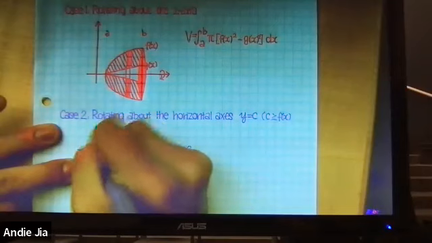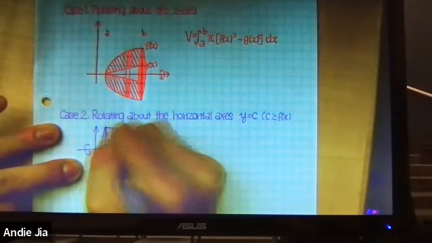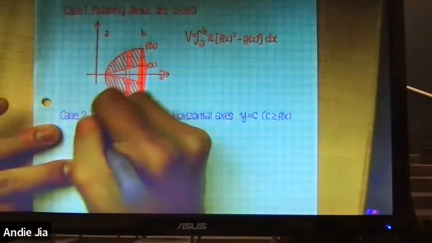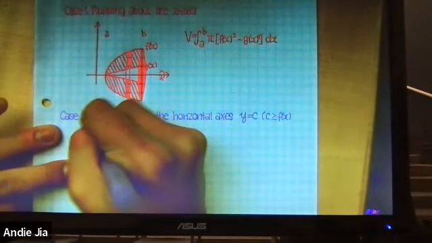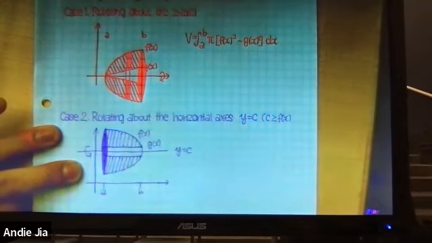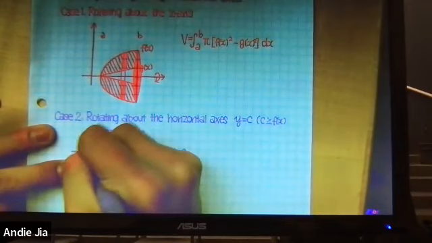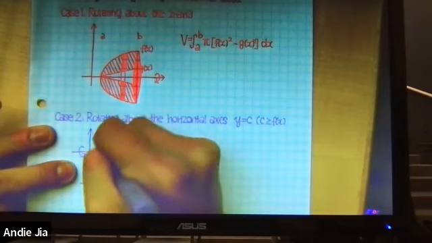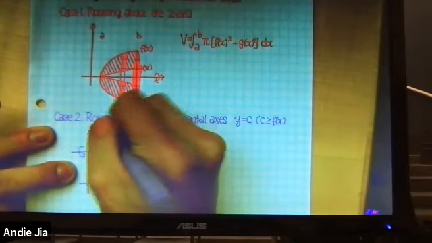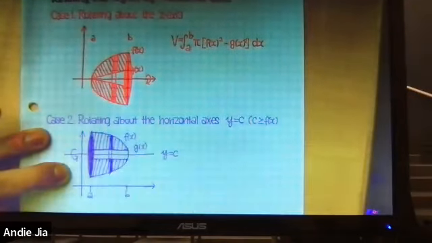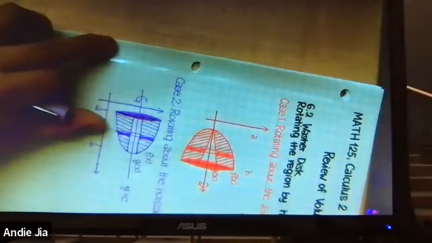This is the same area that is bounded by the curve. If you take the area of the slices, it's like a washer, right? Yes, it's a washer.